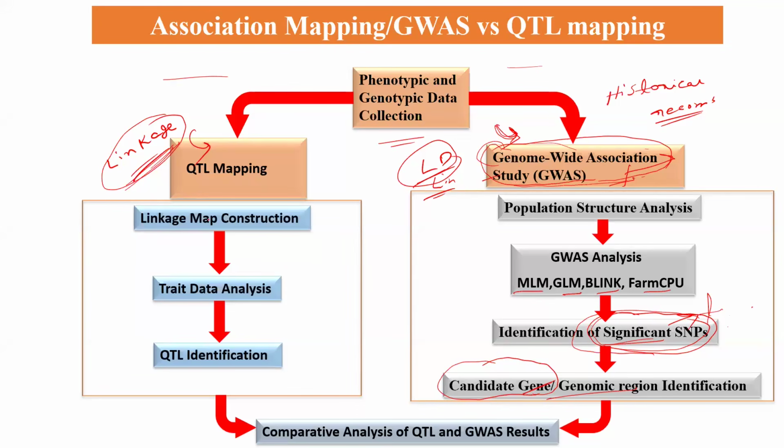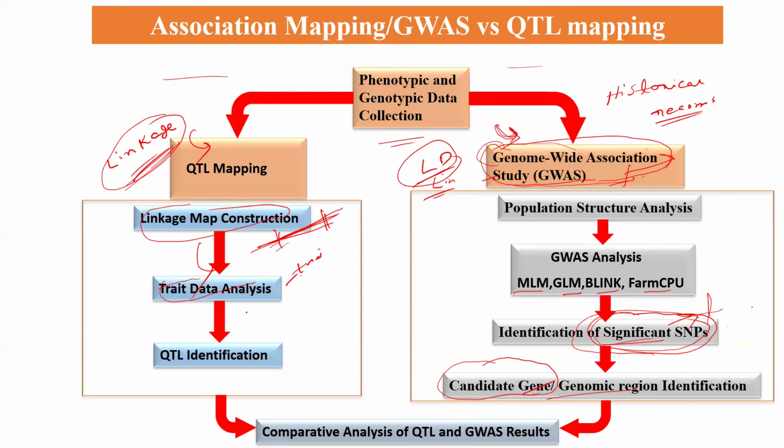In QTL mapping, first we do the linkage map construction based on the recombination between two genes, and between different pairs of genes or markers, and we make the linkage map of each chromosome.